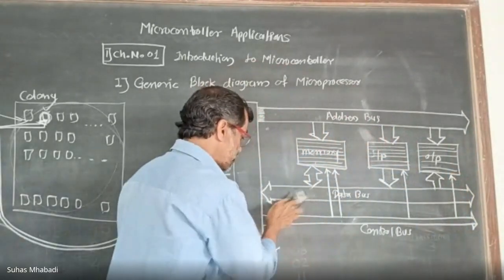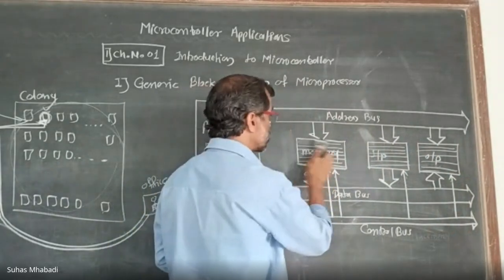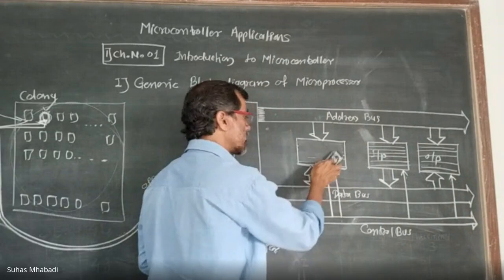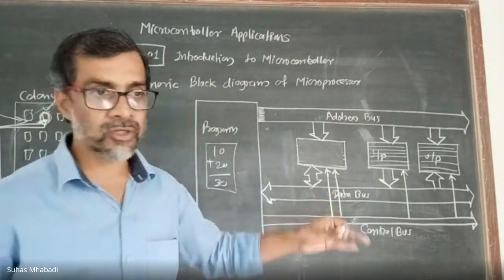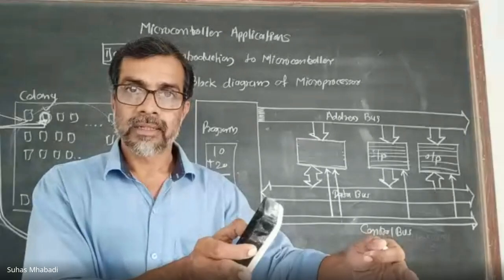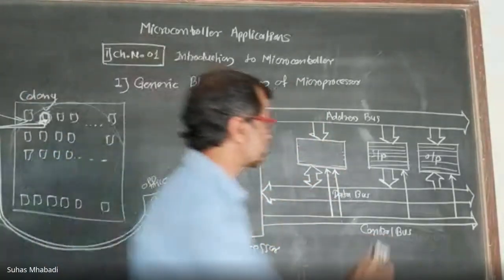So I try to show the bus structure of processor. The same is for controller, because when we differentiate a processor and a controller, you understand the same structure is there.